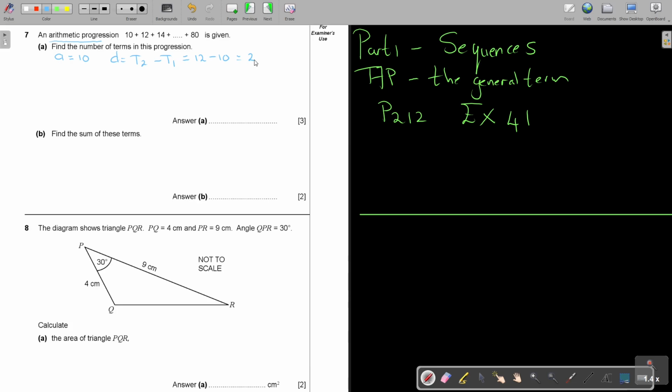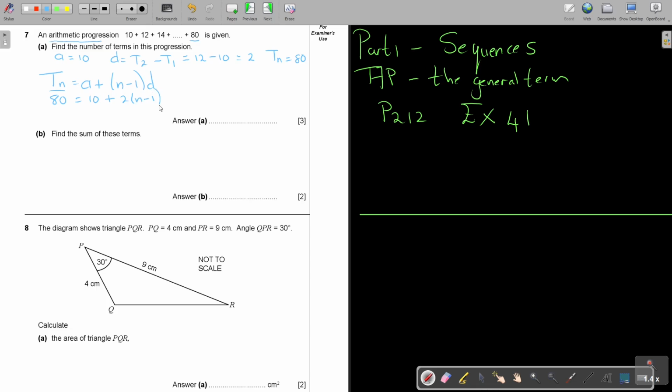The general formula, and it's a formula that you must memorize, is Tn equals a plus bracket n minus 1 d, or I can put the d in front. Now, I have the last term, Tn equals 80. So I have 80, a is 10, d is 2, and n minus 1.